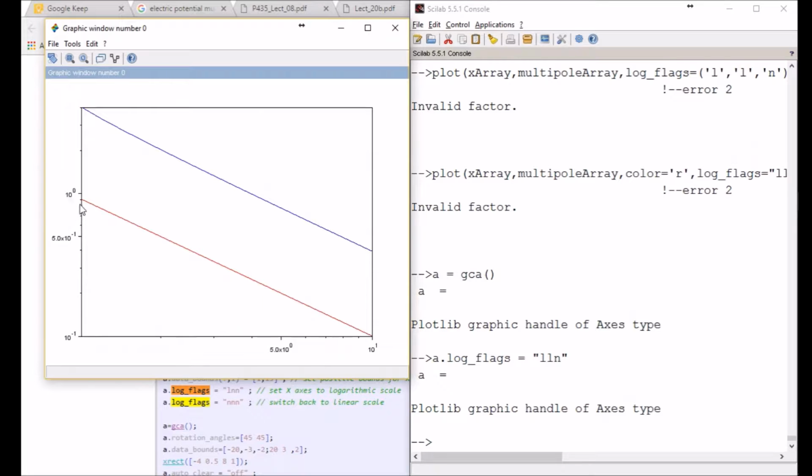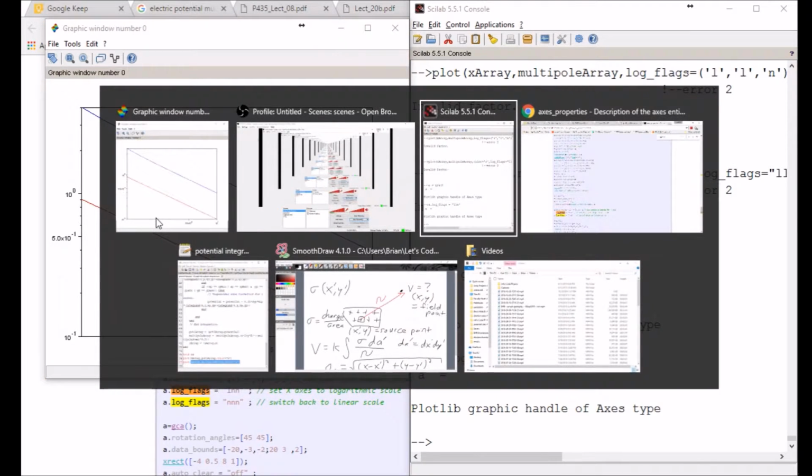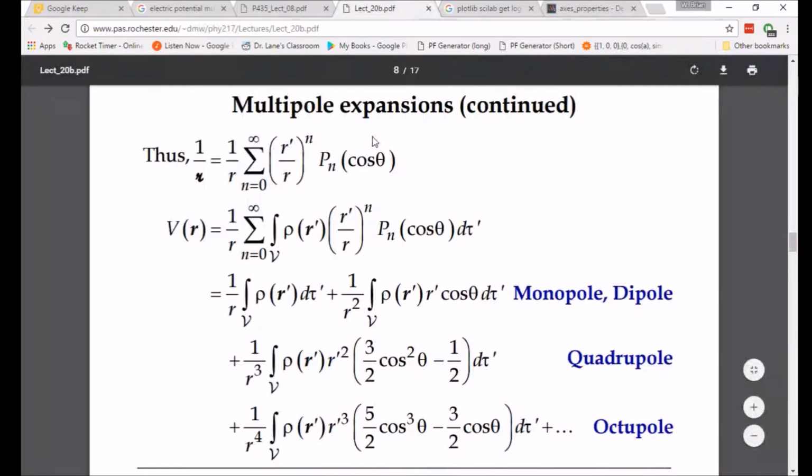Because you're going from about 10 to the 0 to 10 to the minus 1, about 10 to the 0 to 10 to the 1. So this is a slope of 1 over 1, or negative 1 over 1. So this gives you a slope of negative 1. This thing has the same slope. So that tells me that both of these are behaving with a power of negative 1. In other words, they're both behaving like this monopole term.